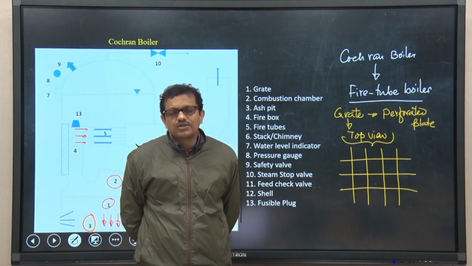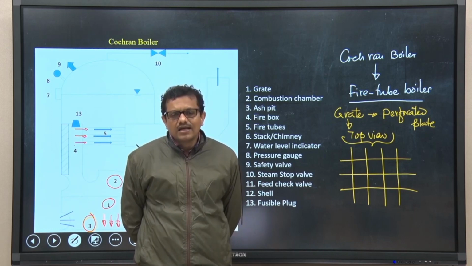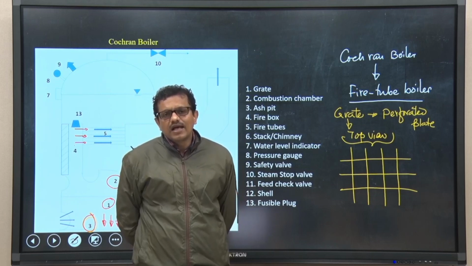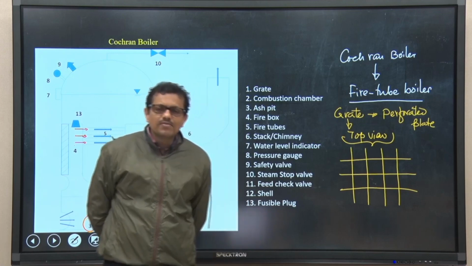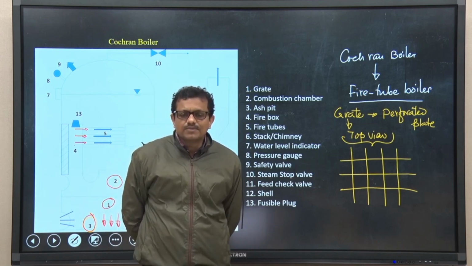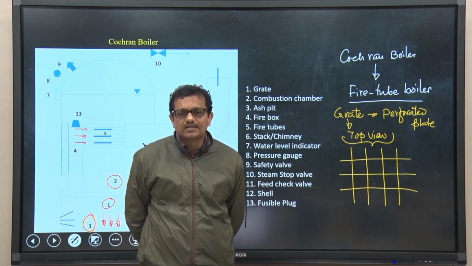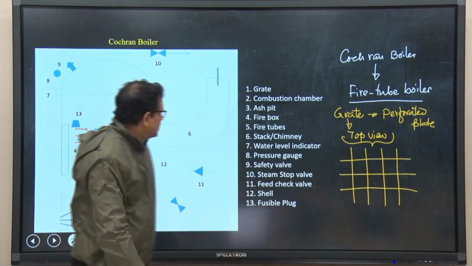If the shell needs to withstand that high pressure, its diameter as well as its thickness will be very high. Now, if both become very high, it is very difficult to accommodate such a large and bulky shell in a boiler. So it invites another problem from the maintenance as well as initial installation point of view. Accounting for this issue, the Cochran boiler is typically used for applications where pressure is restricted to 10 to 15 bar. So this is very important.